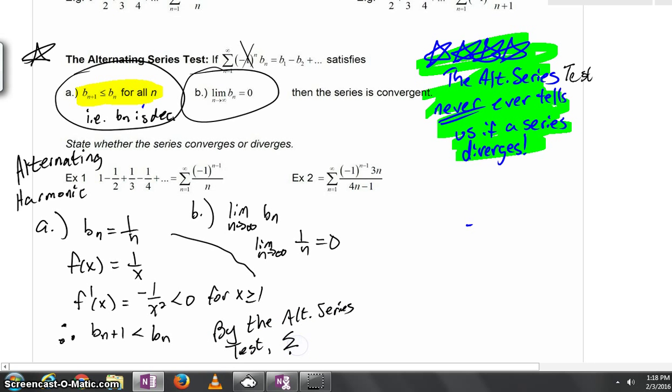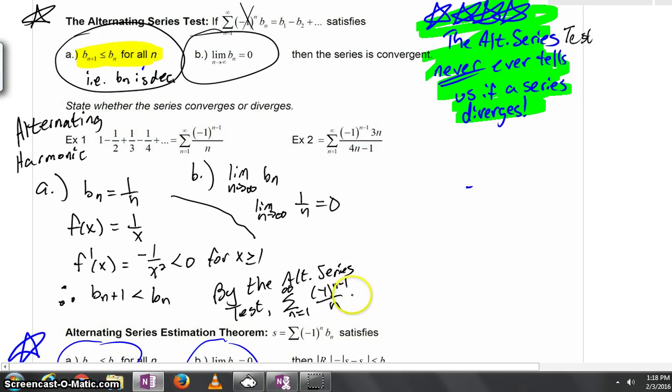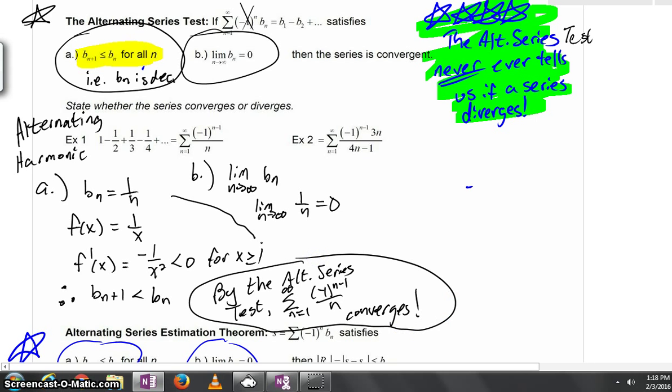This alternating harmonic series converges. It goes in the exact opposite direction that gut instinct would tell you. As soon as you even begin to think about harmonic series, you might think, well, certainly this must diverge. Yes?